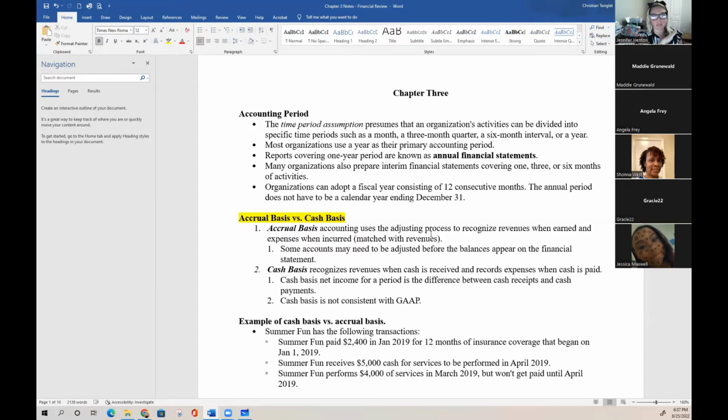So we're not taking that whole $20,000 that we paid for insurance and expensing it when we paid it. We're going to just divide that by 24 months, and then we'll break it down each time, each month, each quarter. We'll show that amount that we posted for that. So we're matching them. We're matching when we're providing the service and when we're actually benefiting from that expense. We're going to match those together.